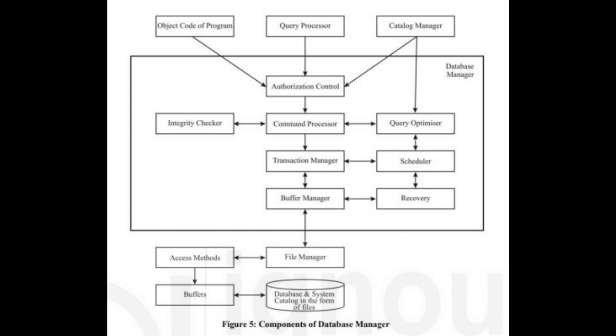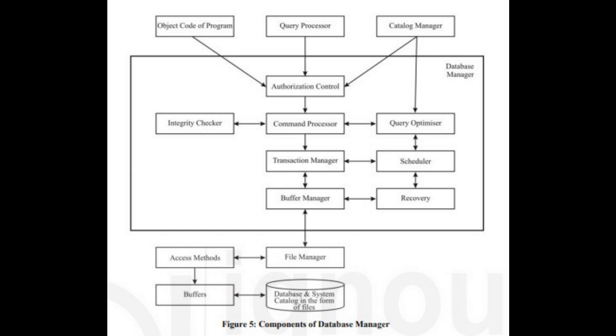In such system, multiple transactions access and modify database simultaneously. The database manager ensures that consistency of data is ensured even in the presence of concurrent transactions. Transaction management is discussed in Block 3 in detail.